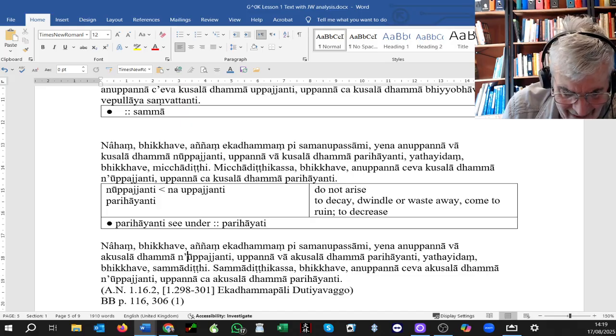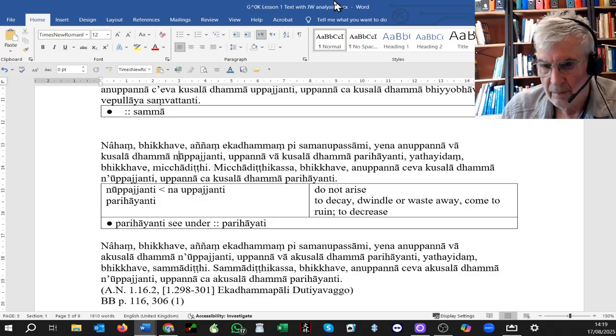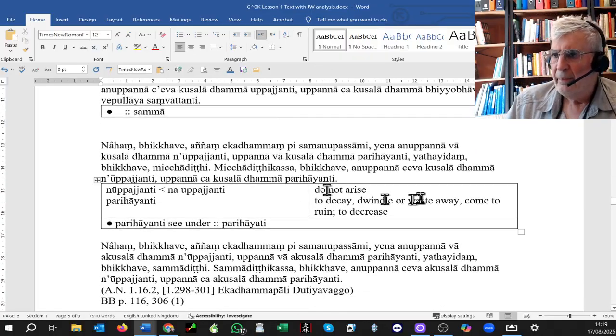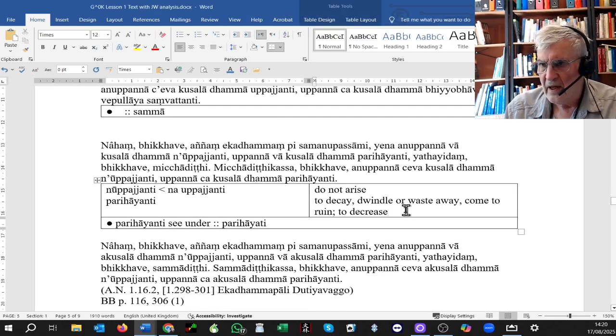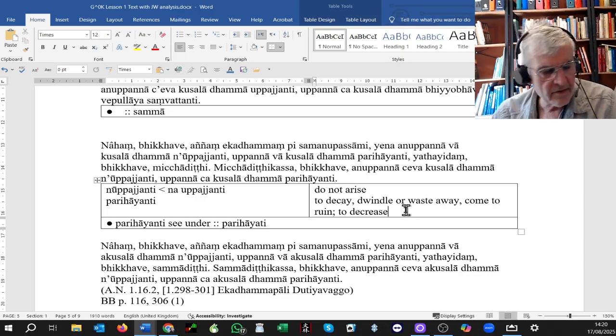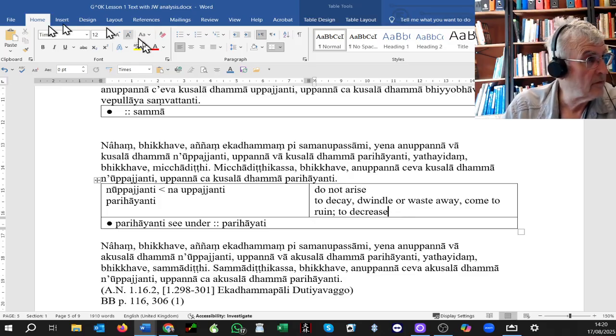Now, parihayanti, so I've put it in the wrong place. There we are. Put it in both places. Parihayanti is to decay, dwindle, waste away. In fact, it's from the root ha. Let me give you the iPad again.